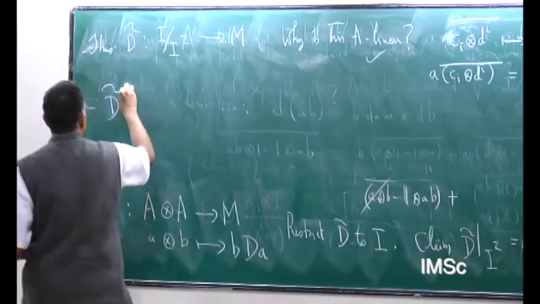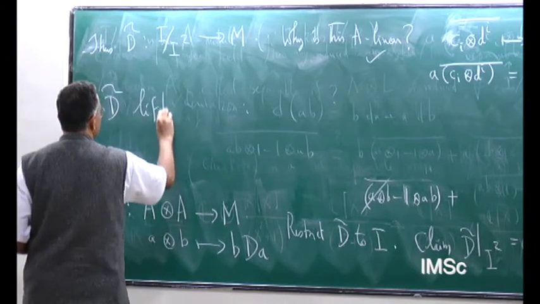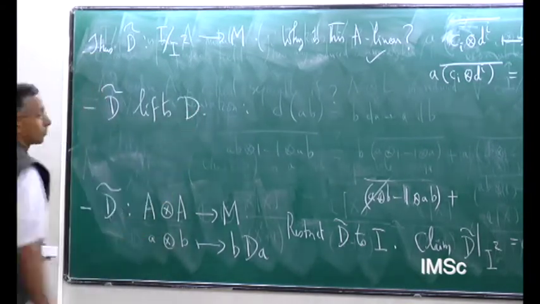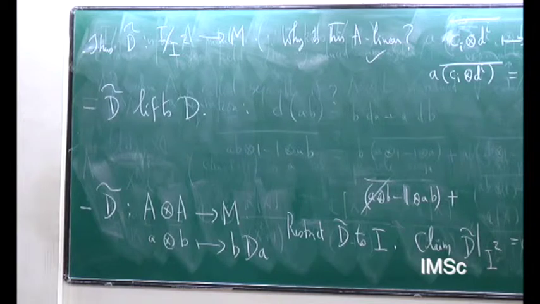D tilde lifts D. By that I mean this diagram commutes. Right, that's not a problem, because the way it was defined, this will go to dA, right? So that's not a problem.